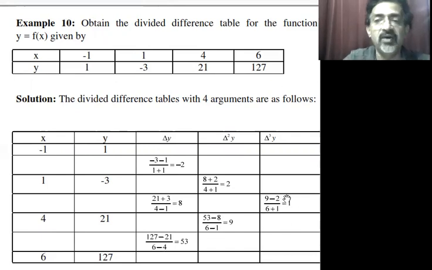So this is how we write the divided difference table. And in the next class, we are going to see how we make use of these divided differences in Newton's divided difference formula.